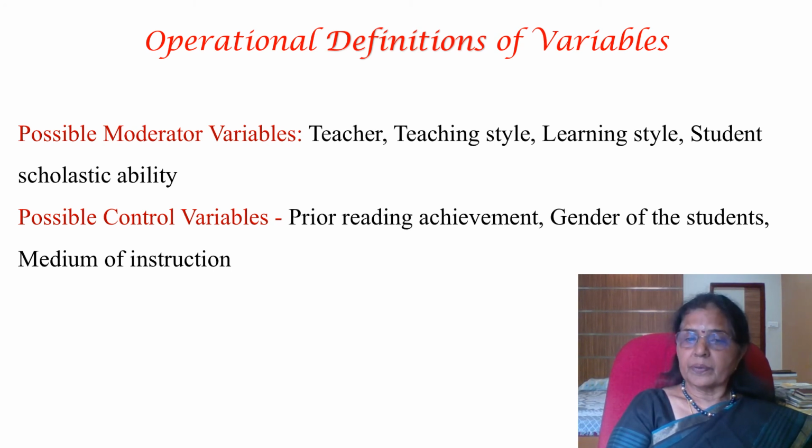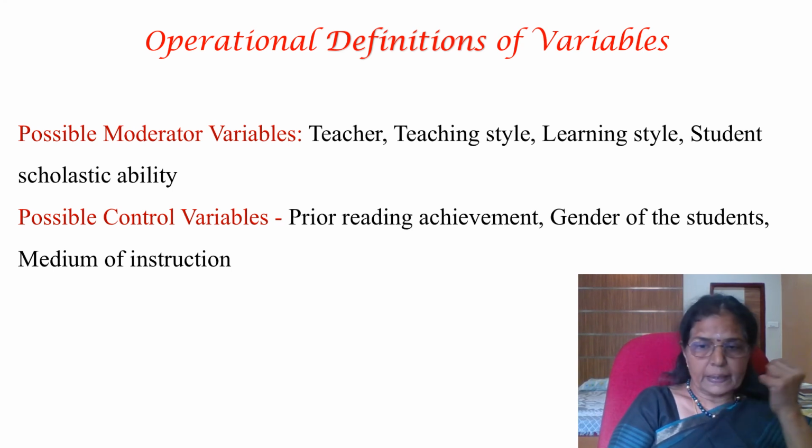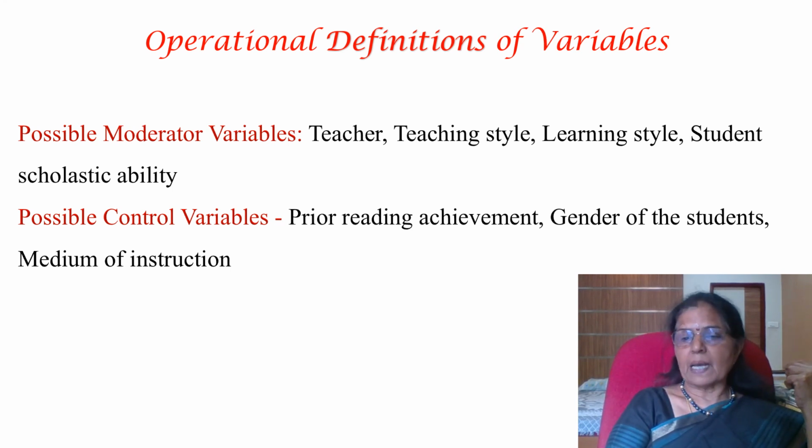For example, here the gender of the students could be controlled by taking, both in SSS and in CCC, all girls as the sample or the participants in the study, or all boys. So there could not be any difference in the mean score due to gender.